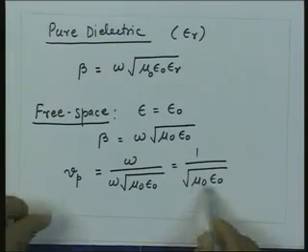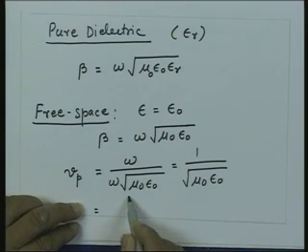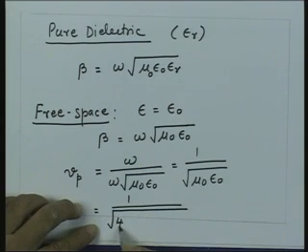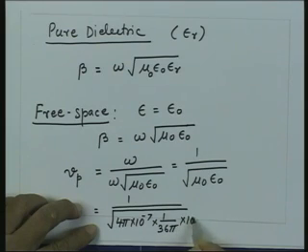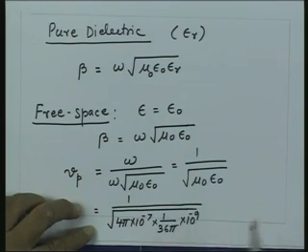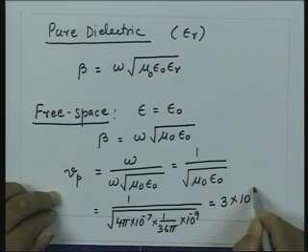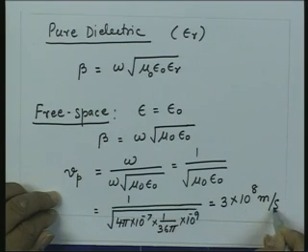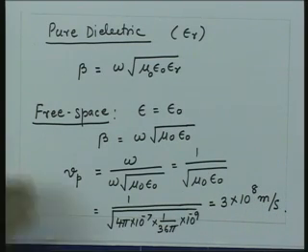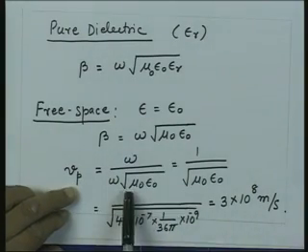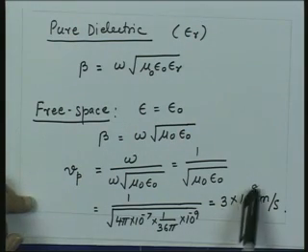If I substitute for mu 0 and epsilon 0, this will be 1 upon square root of 4 pi into 10 to the power minus 7 into 1 upon 36 pi into 10 to the power minus 9. That will be equal to 3 into 10 to the power 8 meters per second. So this is the velocity of the wave when it is traveling in free space.